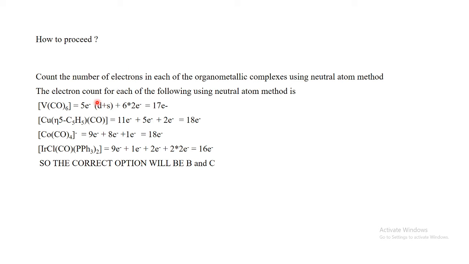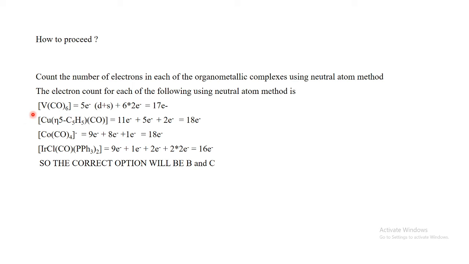So 3 plus 2 gives 5 electrons. The vanadium is surrounded by 6 carbonyl ligands, and in the neutral atom method, carbonyl generally donates 2 electrons. So 6 into 2 is 12 electrons. So 12 plus 5 gives 17 electrons.